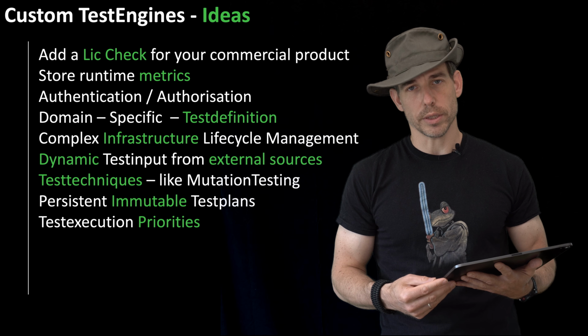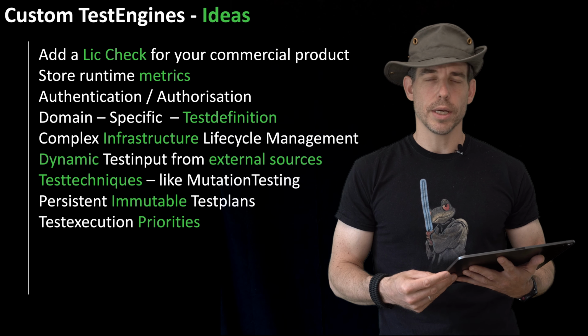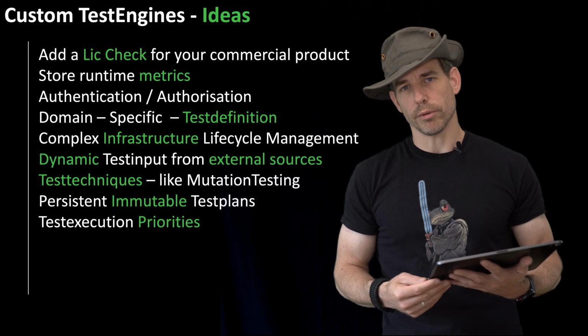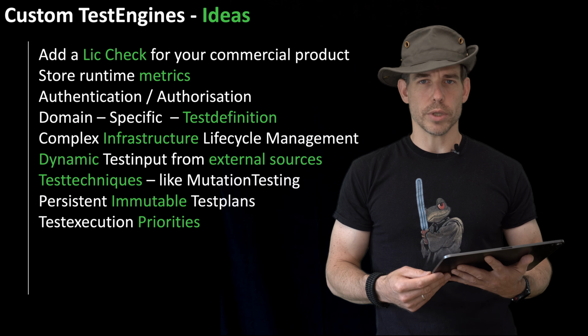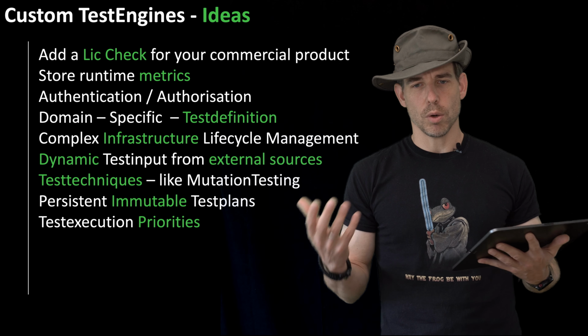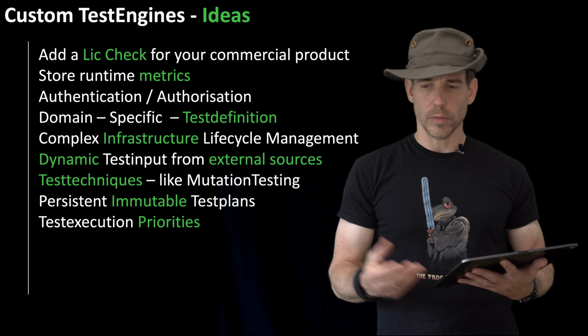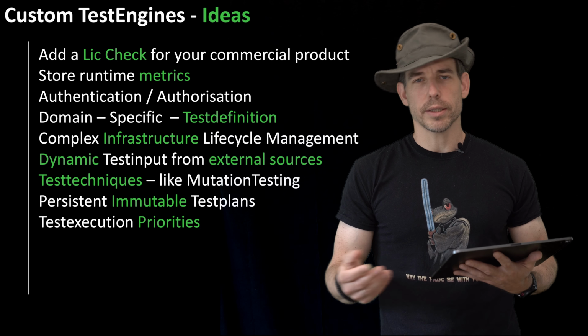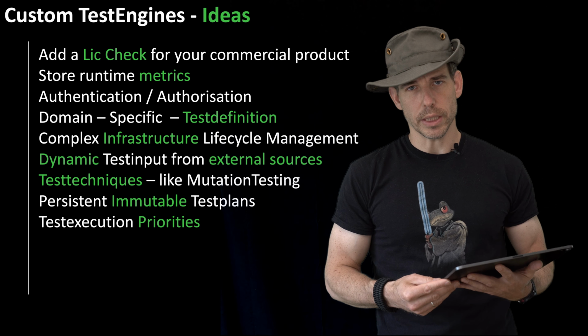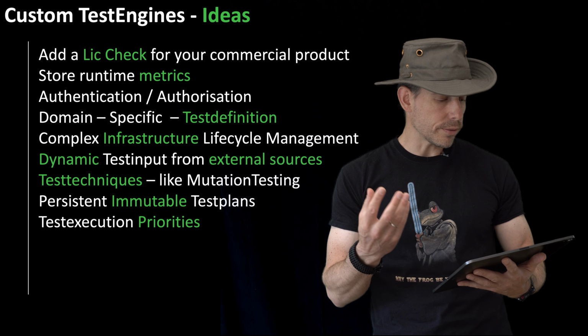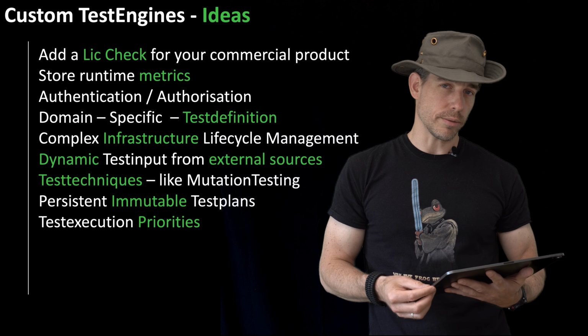There are some custom test engines available, but sometimes they're using their own way of describing tests. And if you have one way of describing tests, sometimes you have to integrate these techniques so that this fits to your domain-specific test definition.